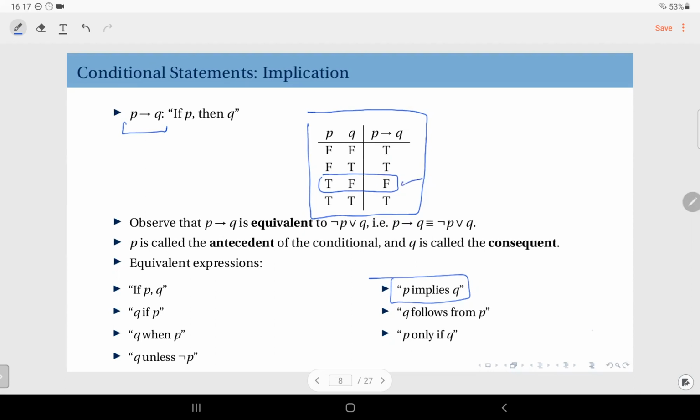Let's look at some others. Obviously, this is also very easy to understand. When P is true and Q is also true, the statement P implies Q is also true. Again, this is a natural observation, right? P implies Q, and when P is true, you expect Q to be true. Therefore, the statement is true.